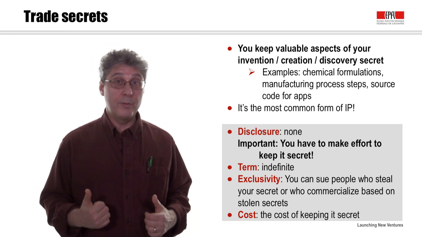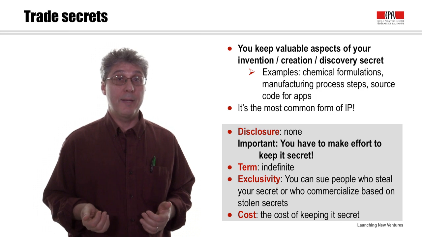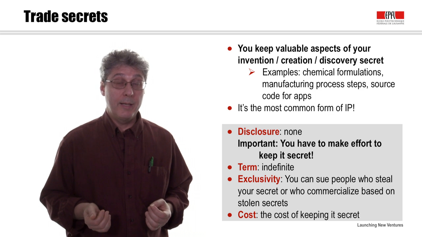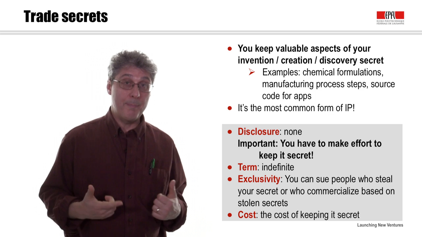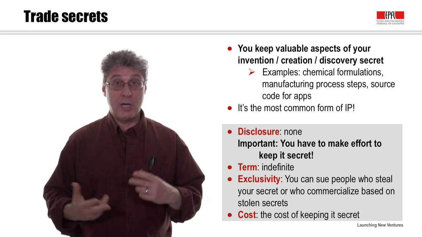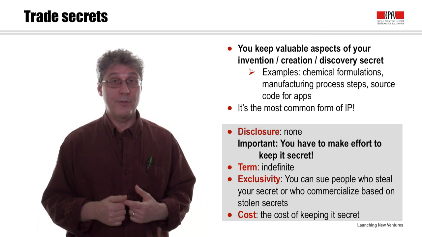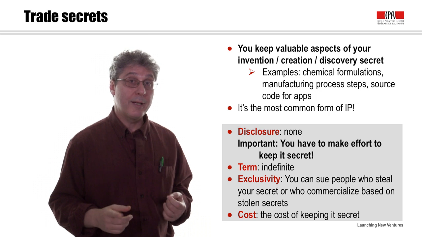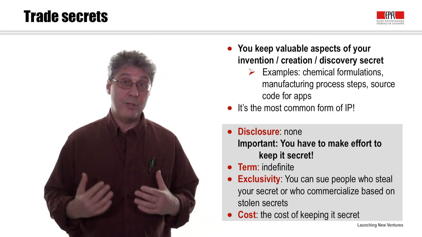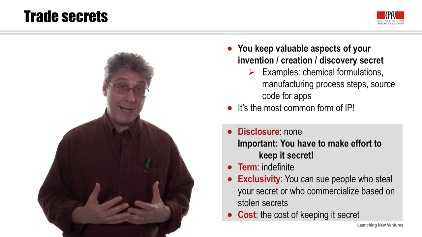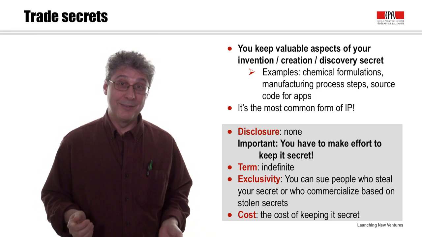Okay, so let's walk through the 4 most popular types of intellectual property and define them, give some examples, and then talk about some of the pluses and minuses of each of these things. So the first is trade secrets. Trade secrets is where you take valuable information related to your business and you keep it a secret.